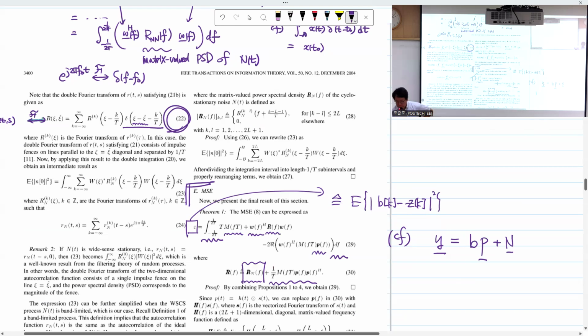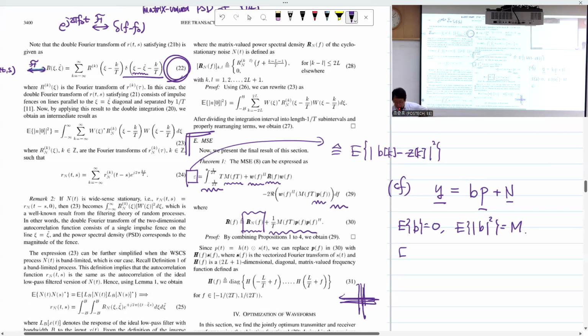B has zero mean, and let's say the expectation of B squared equals M, just for convenience, and let N, the additive noise, also be a zero mean vector with correlation matrix R sub N. Got it?